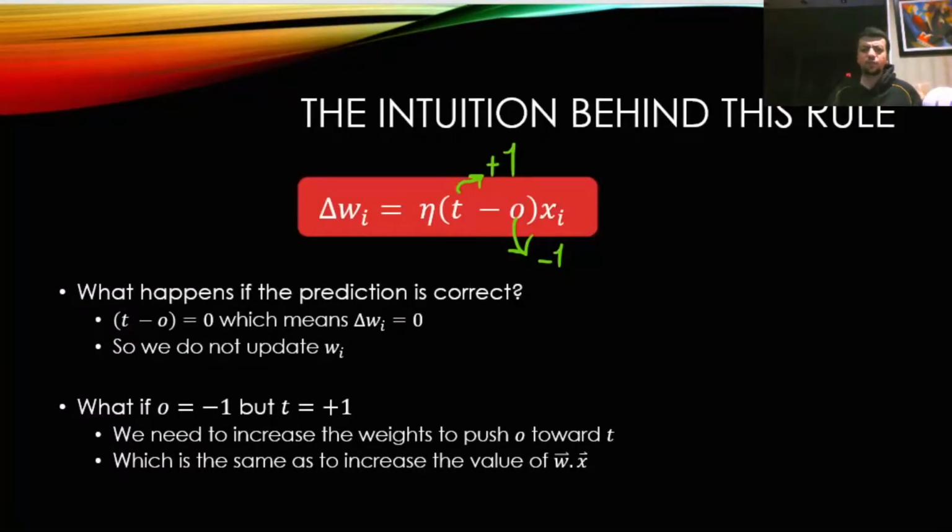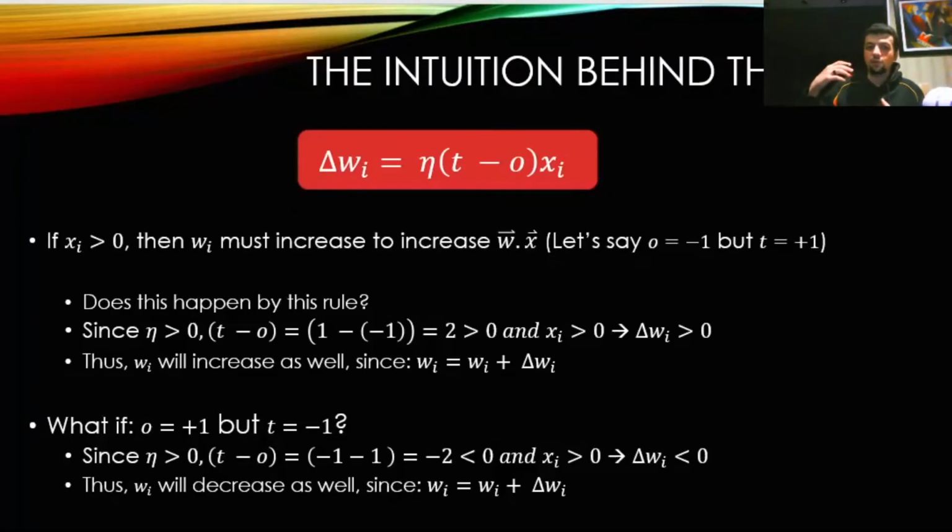So we need to increase the weights, basically, to make sure the sum of w_i x_i across all the dimensions becomes a larger value, so that your output would become +1, okay? So when we want to push the output of our neural network towards a larger value, namely +1, it means that we have to manipulate w_i x_i, right? This would be the value w_i x_i that we have to manipulate.